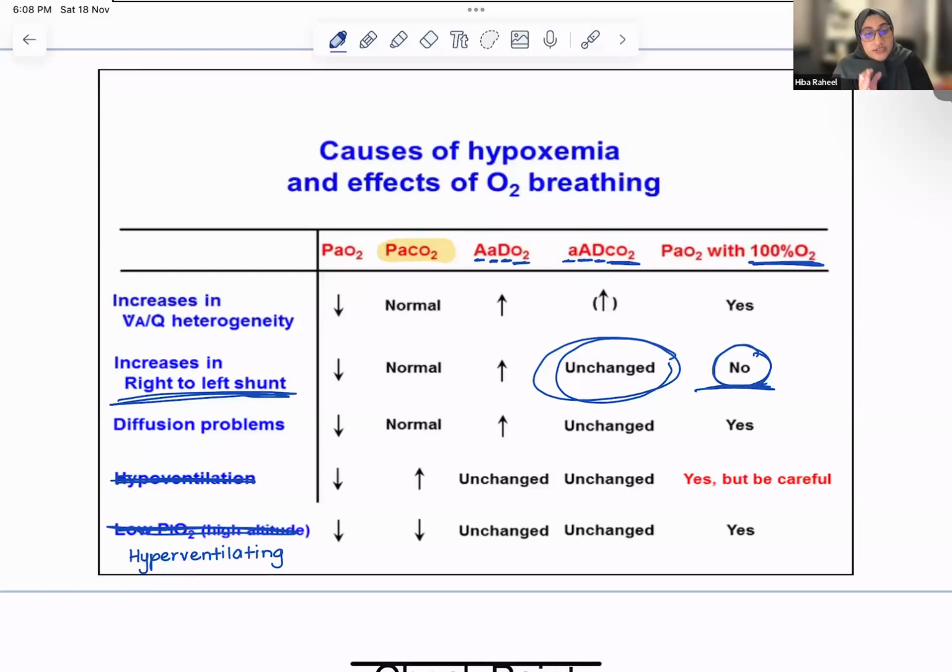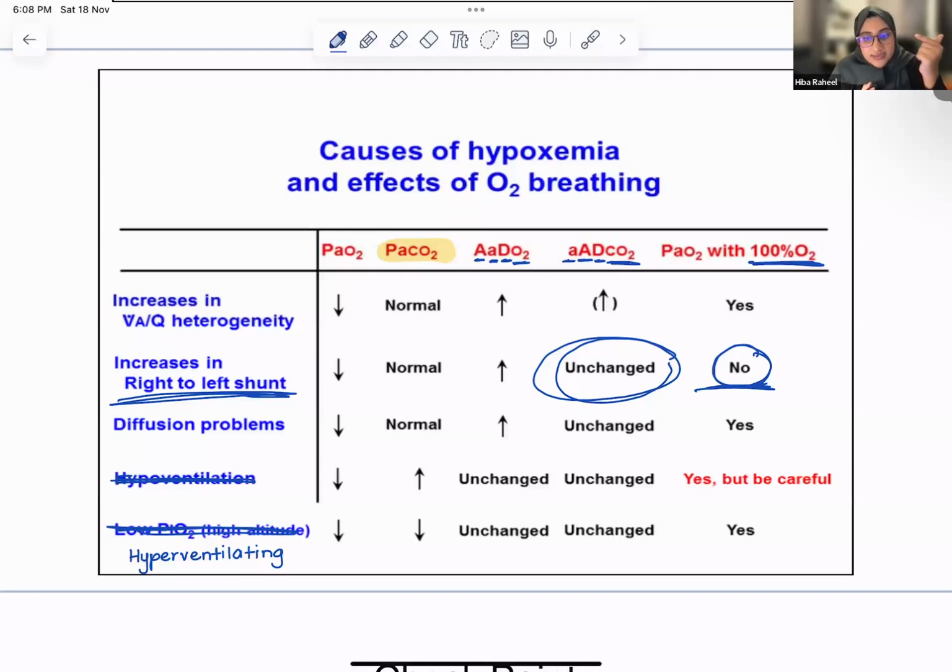Now if we give them 100% oxygen and the arterial partial pressure of oxygen increases to about 660, it could either be a VQ mismatch or a diffusion problem. If both increase their oxygen partial pressure, how do we differentiate between the two?